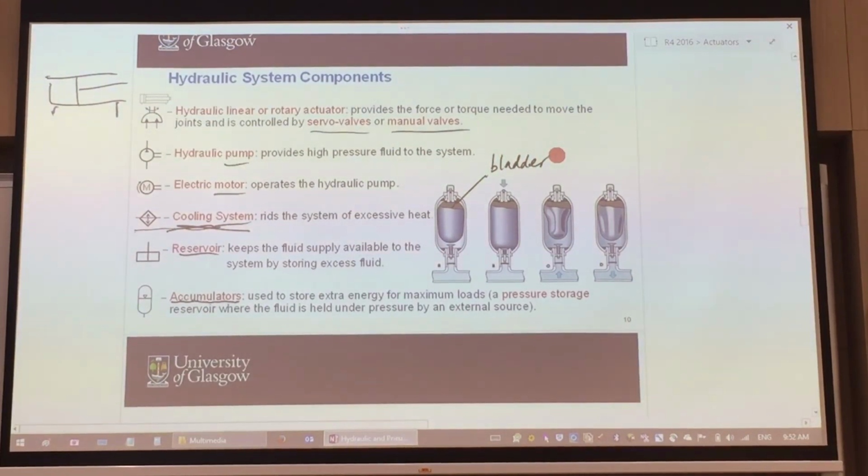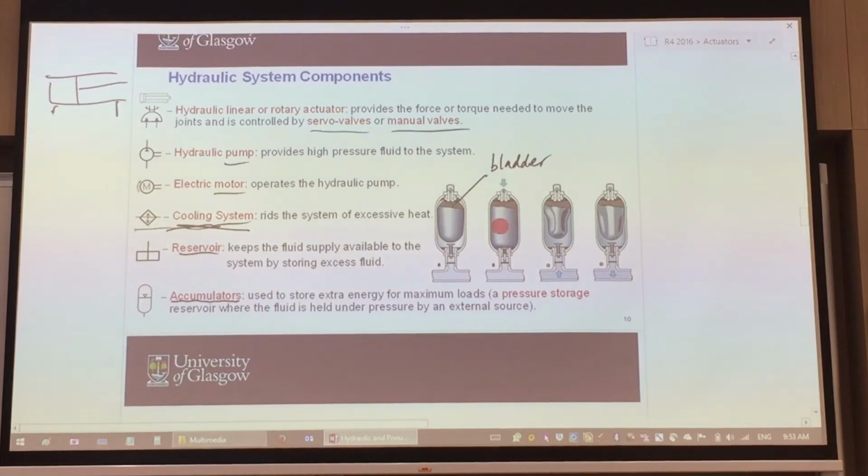You may have heard about a bladder before. In your body, there's a urine bladder. It's kind of like an elastic bag. So we pressurize this elastic bag up to a point that it closes this valve over here. This elastic bag will press against this valve and close the system.